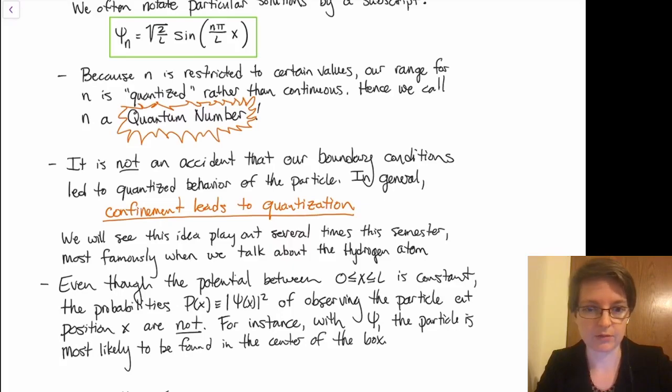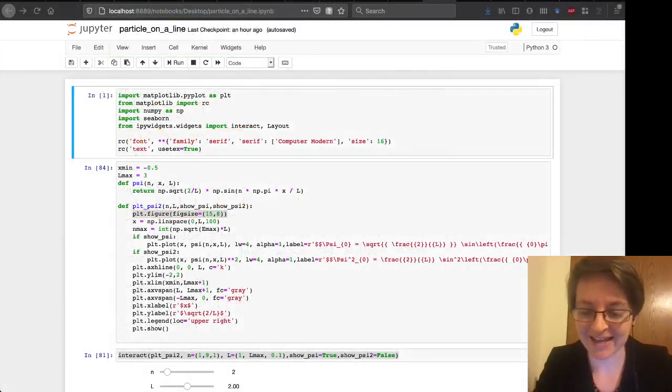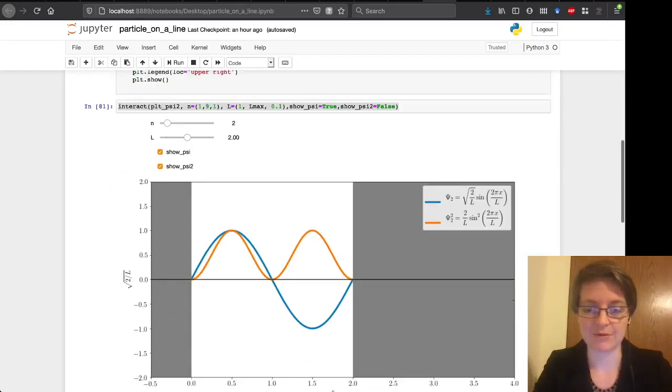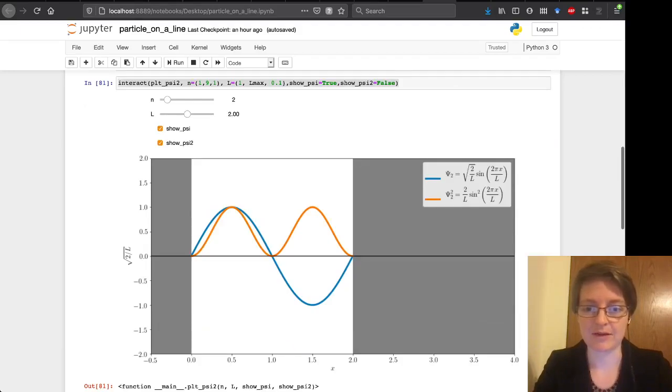So this will be my little Python plug for the day. I wrote a Jupyter notebook for tonight's lecture that I've posted on our Moodle page. If you're interested in learning a little bit more Python, I encourage you to look over the source code. But for our purposes today, what I'm most interested in is looking at the ways in which I've been able to show us some plots of the wave function.